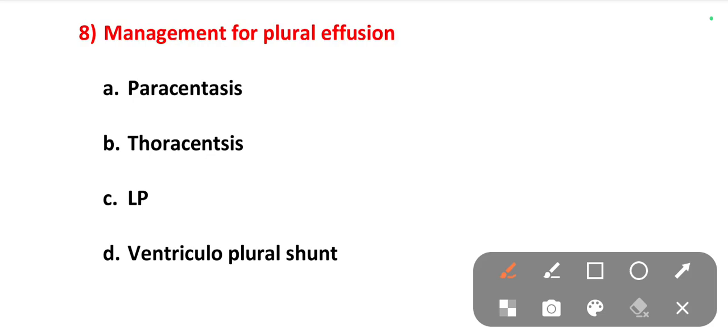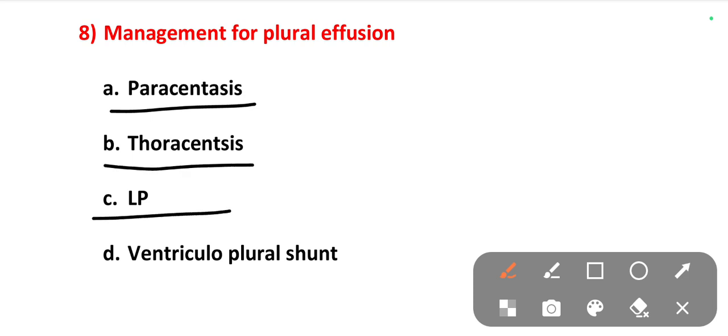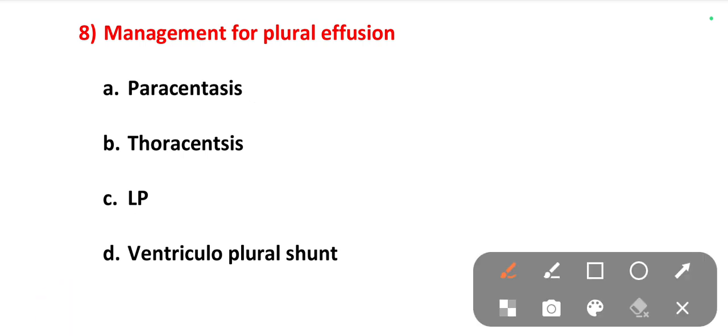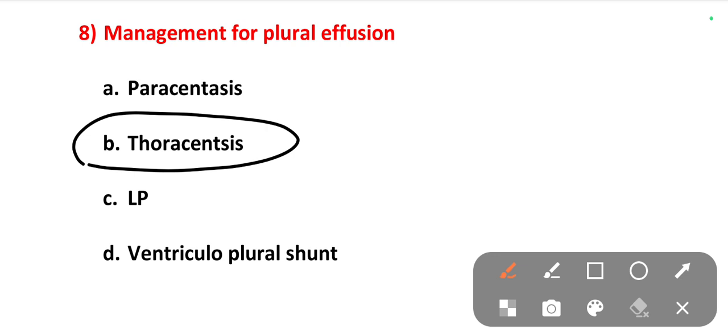So what is a better management for pleural effusion? Options are paracentesis, thoracentesis, LP, ventriculopleural shunt. So the right one is thoracentesis. So thoracentesis is nothing but collecting of pleural fluid from the pleural cavity.